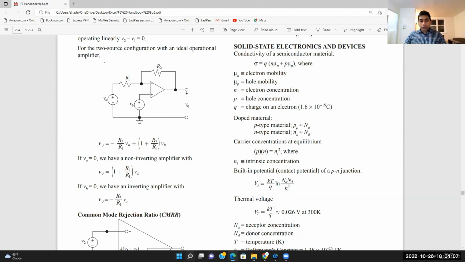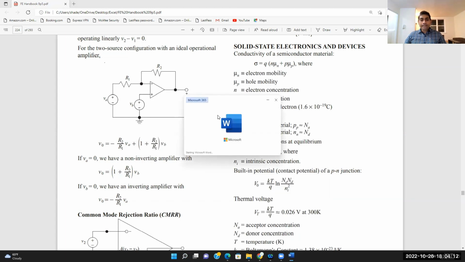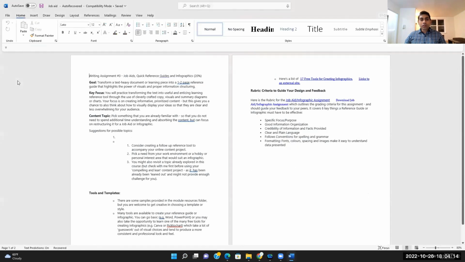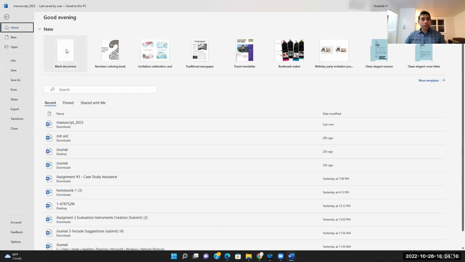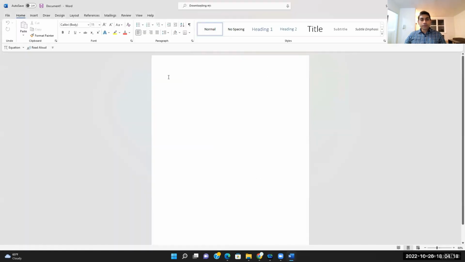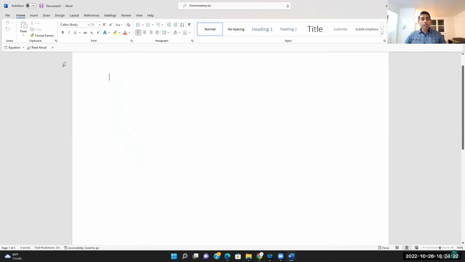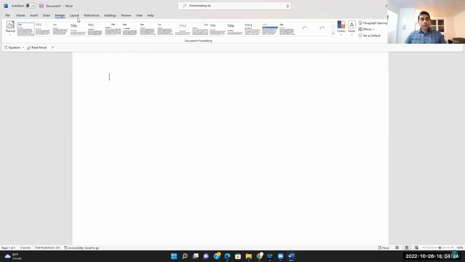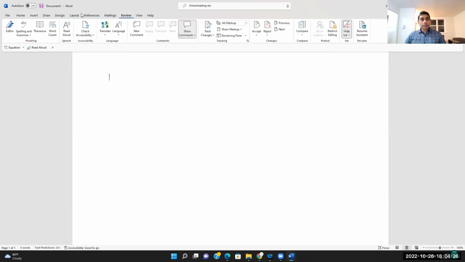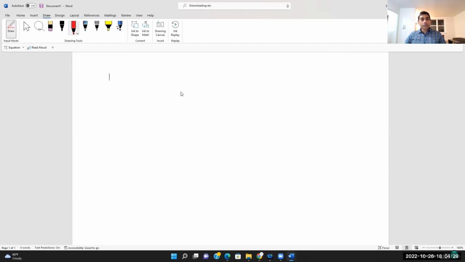Let me just show you with a diagram. Start with a new page. Just zoom it in. So let me just start. Okay, so basically, there are three types of substances. One is definitely the conductor.